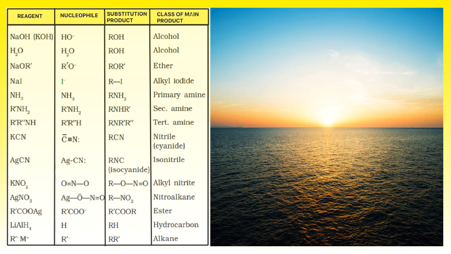In the second column we may have various types of nucleophile, and their reagents are given in column number one. These reactions will produce the substitution product given in the third column, and their names are given in the fourth column. These can be done very easily by just substituting the nucleophile Nu with the reagent.